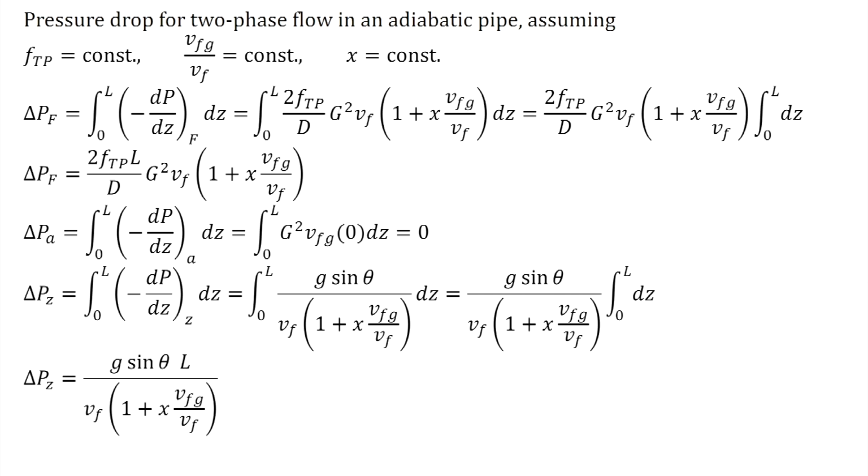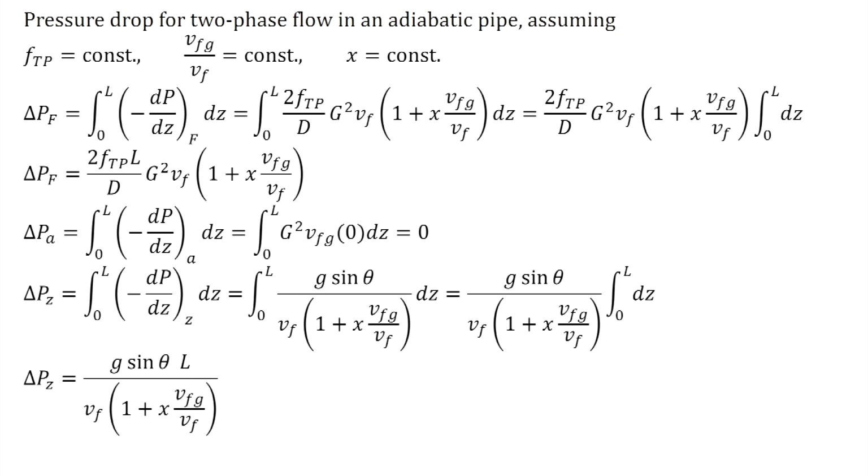The acceleration pressure drop will be equal to 0, because the acceleration pressure gradient is 0, there is no acceleration, no deceleration. So, delta Pa is equal to 0.